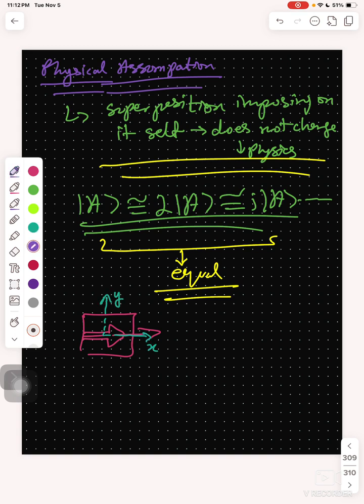In a superposition state, or a diagonal state, which is a 45-degree angle, we'll assume it as superposition.